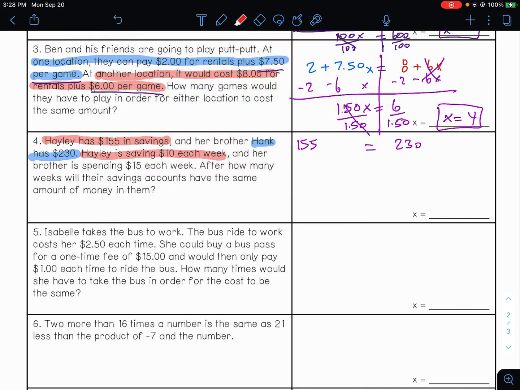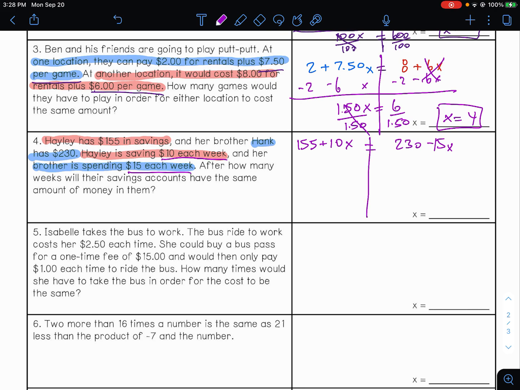Haley is saving $10 each week, so 10 each week is a rate. So it's plus $10 per week, which means I multiply by the variable. And her brother is spending $15 each week, so our rate is $15 each week. So it's minus 15x.